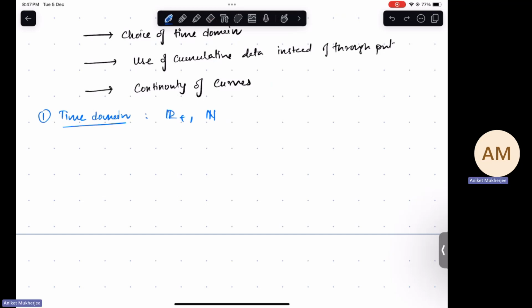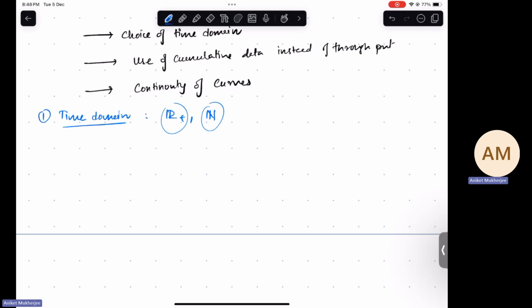This dense choice allows us to be more flexible mathematically, it gives us more options in the mathematical domain, but in real life systems, most computers would work in discrete time.